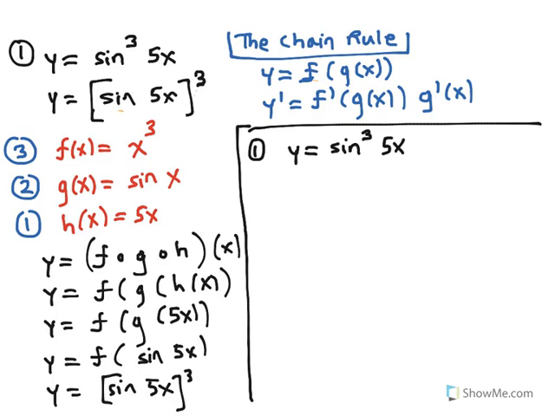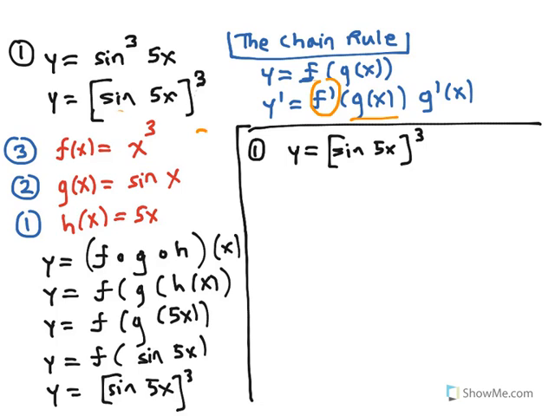So we have y is equal to sine cubed of 5x. We can rewrite it in an equivalent form as sine of 5x to the third power. And again, how do you use the chain rule? You begin by taking the derivative of the outside function, evaluated at the inside function.